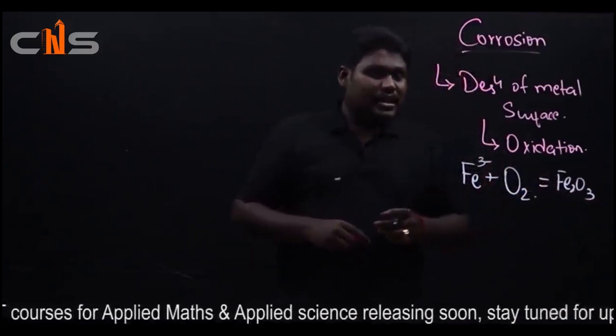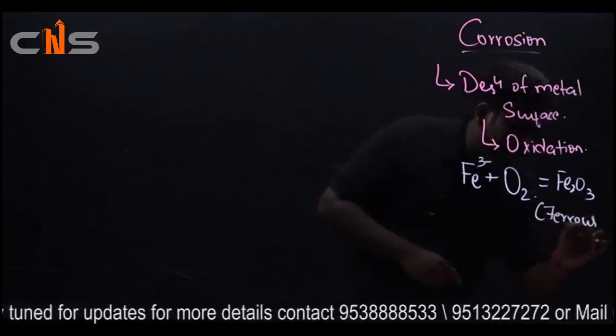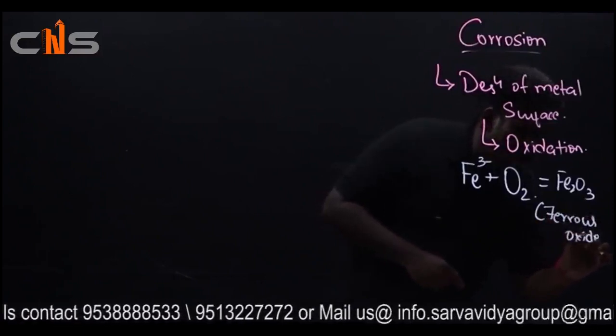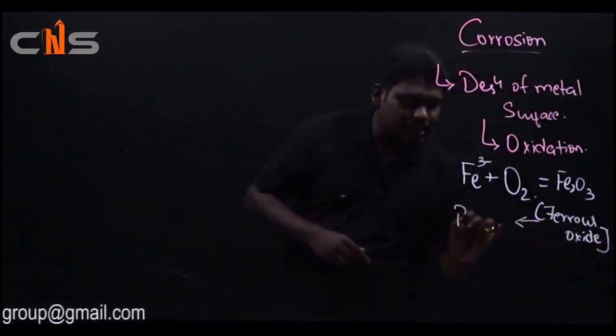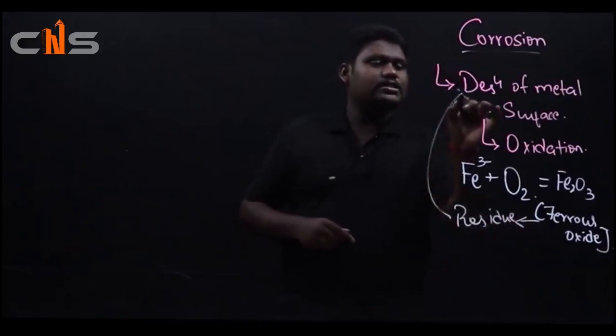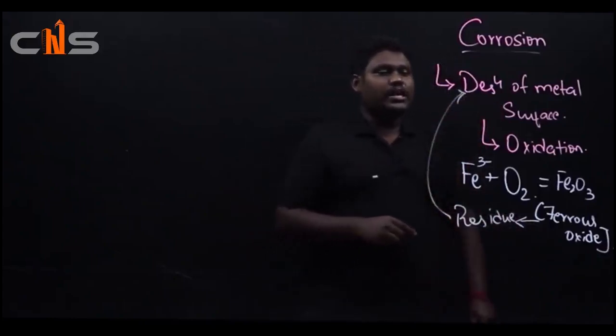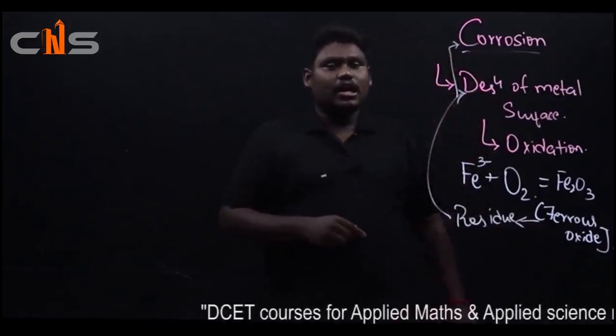So this forms Fe2O3, that is ferrous oxide. So this ferrous oxide is also known as residue. So this residue is nothing but that leads to the destruction of material, and this process is known as corrosion.